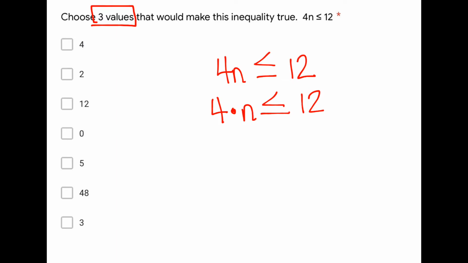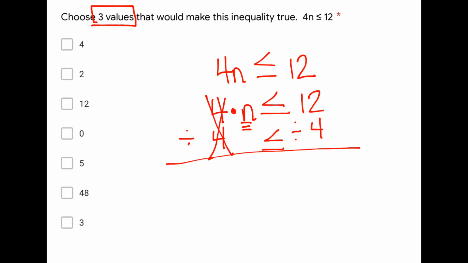Remember, we need to get our variable, which is our n, all by itself. So what is the inverse operation of multiplication? That is division. And next to our variable is a 4, so we're dividing by 4 over here. We need to do the exact same thing on the other side.